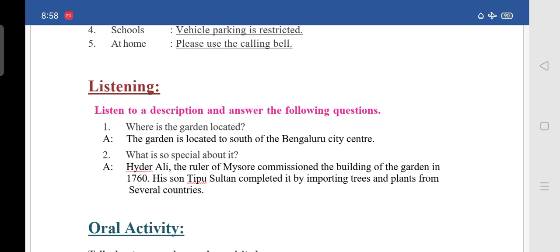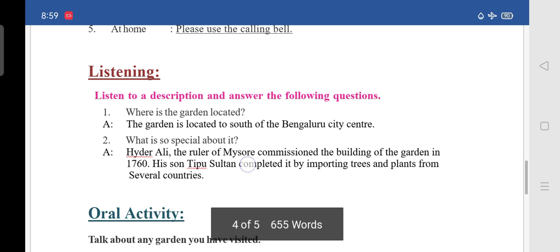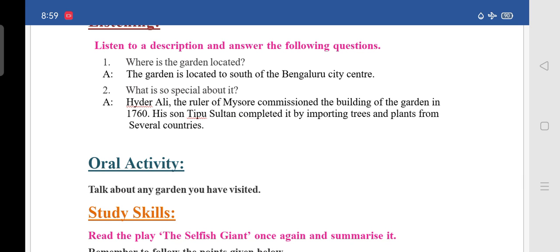So, what is special about this garden is that Hyder Ali, the ruler of Mysore, commissioned the building of the garden in 1760, and his son Tippu Sultan completed it by importing trees and plants from several countries. This is about the listening part.